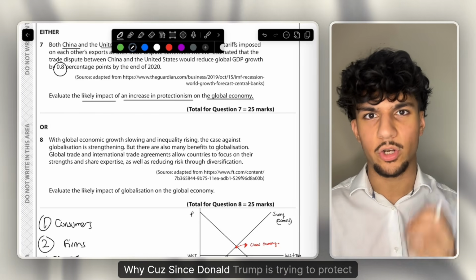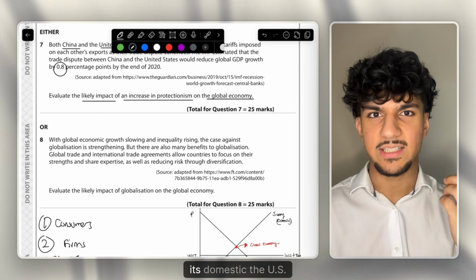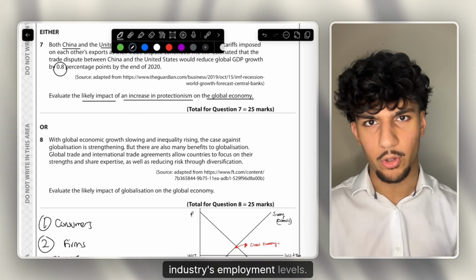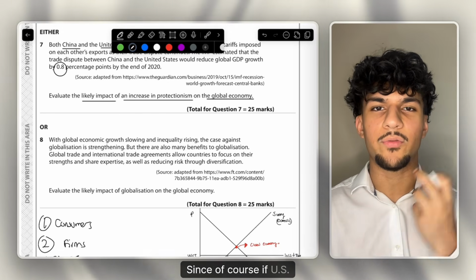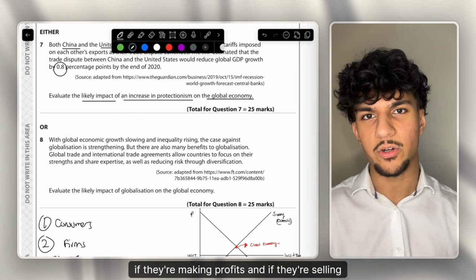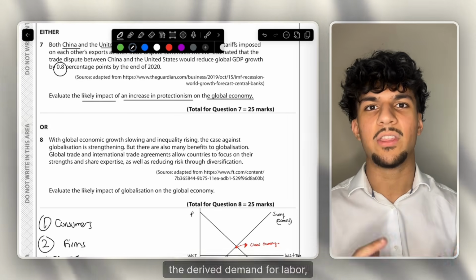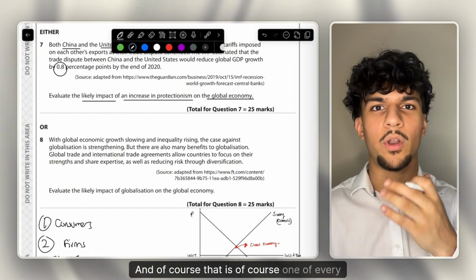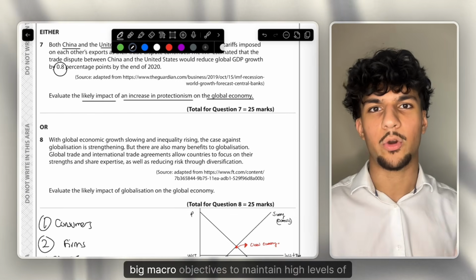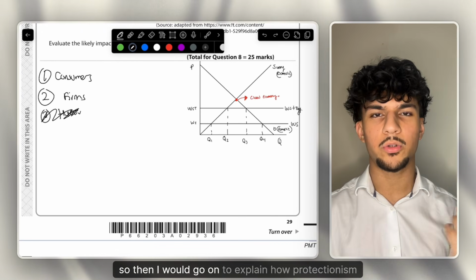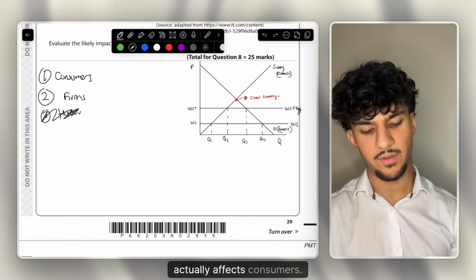Why? Since Donald Trump is trying to protect the US car industry's employment levels. Of course, if US car firms are doing well, making profits and selling goods, the derived demand for labour will stay high. And that is one of every single country's big macro objectives, to maintain high levels of employment.